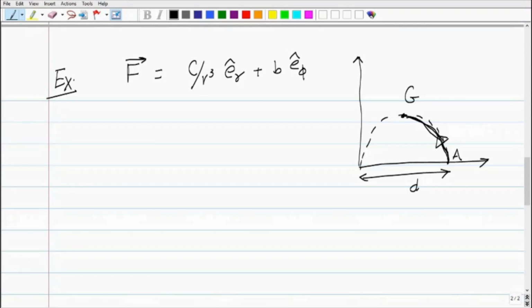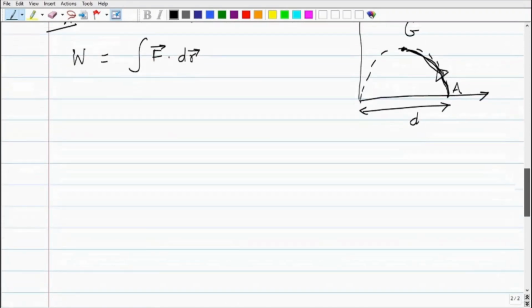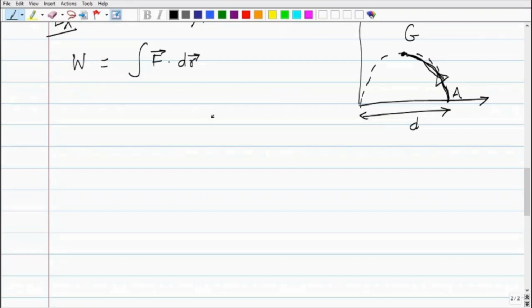So the work done, naturally, we know W is integration along the path F dot dr, correct? So what will be r in the cylindrical coordinate system?